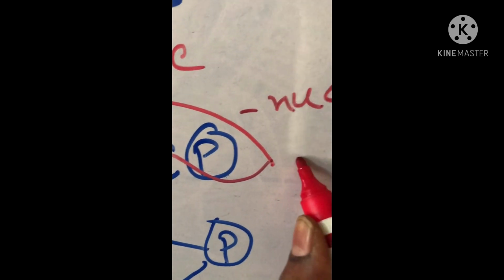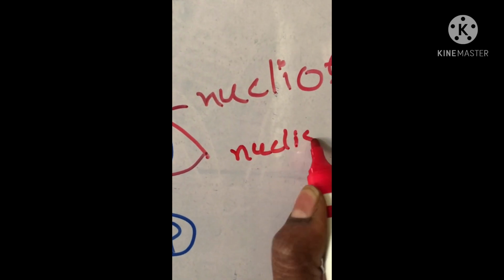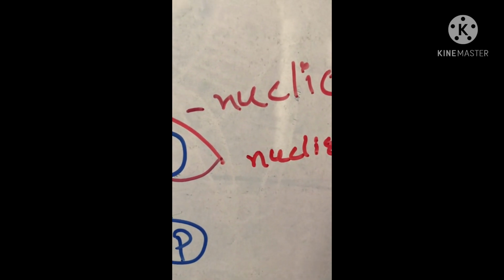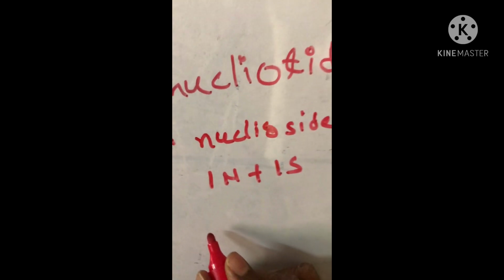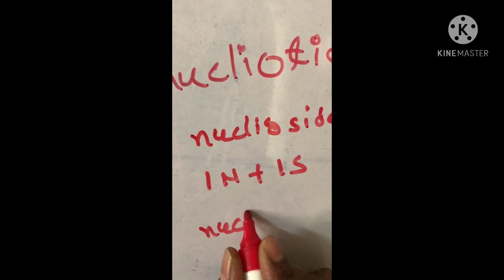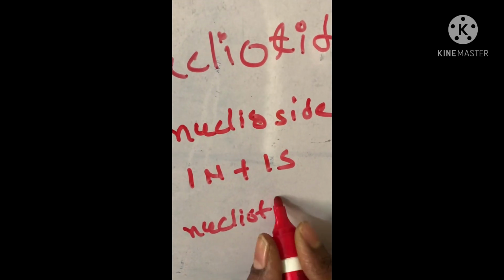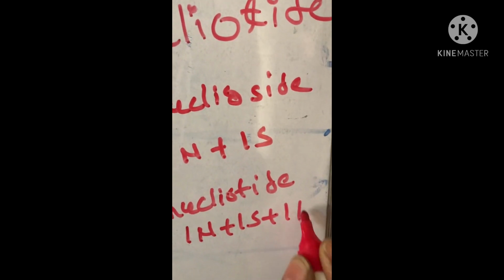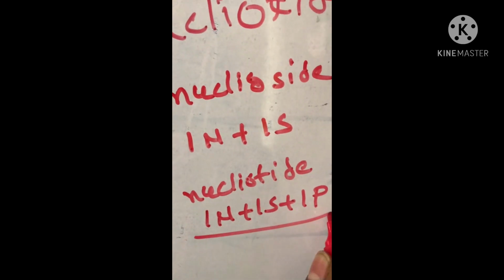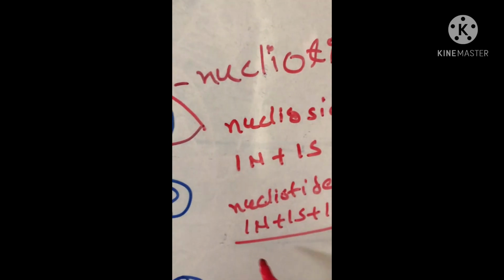Right, here nucleoside means one nitrogen base plus one sugar. Nucleotide means one nitrogen base, one sugar, one phosphate. These three in combination are called a nucleotide.